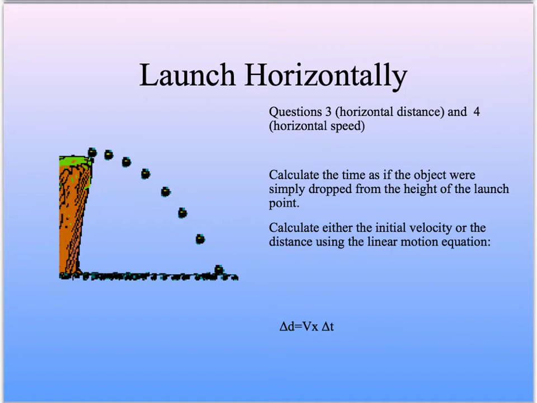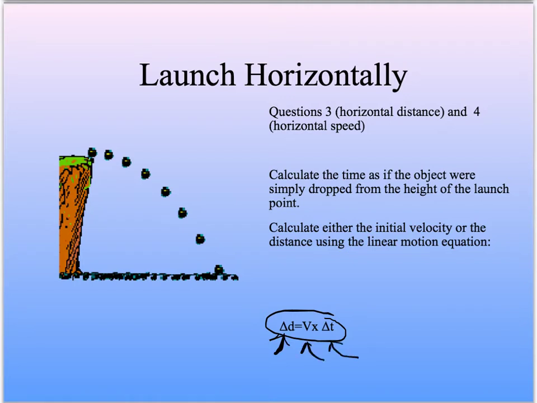If you're asked how far away the object lands from the cliff or from the edge of the table or whatnot, this is a horizontal question, and in these cases, questions 3 and 4, on 2 slides back, we will ignore what's going on with the vertical, and we'll use this equation over here to find either horizontal distance or horizontal velocity.